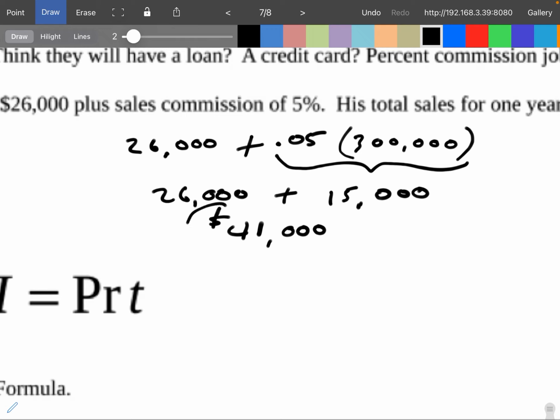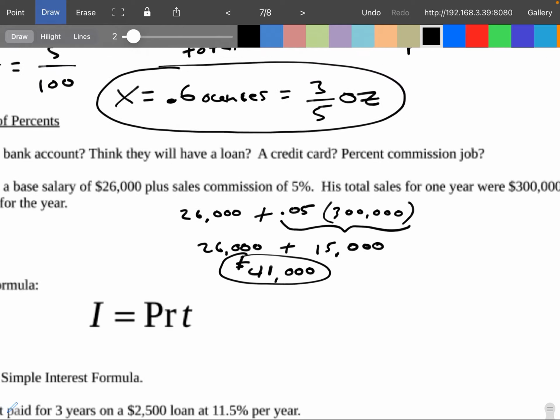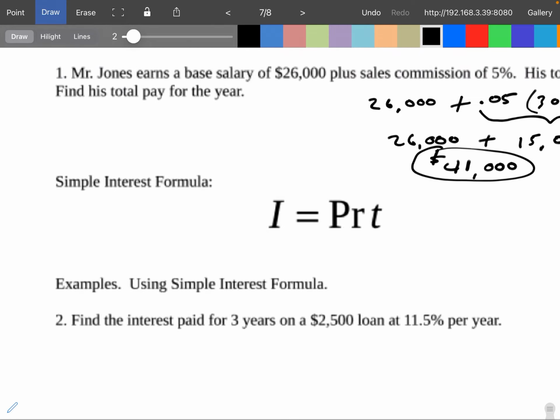But then you got to add on his base salary. So what's that then? 41,000. All right, so it's 41,000. You guys good with that one? Yes. All right, next one.